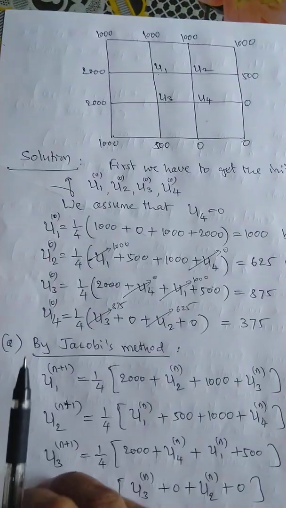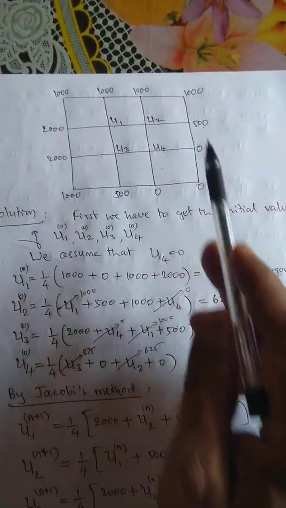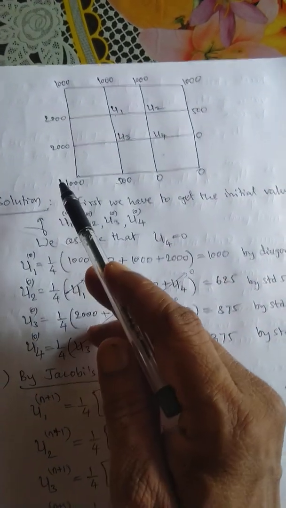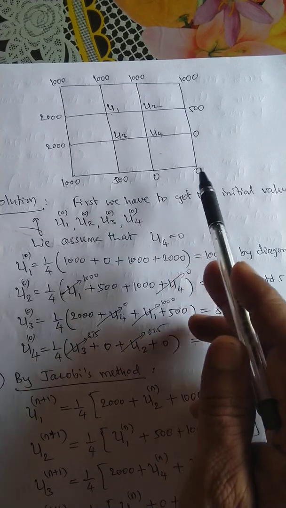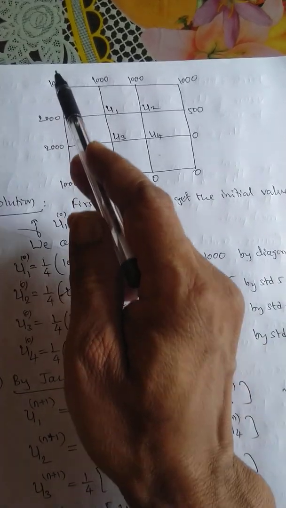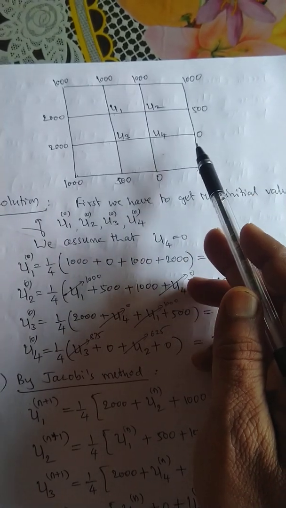diagram is this. The given diagram is this, and its boundary values are 1000, 500, 0, 0, 2000, 2000, 1000, 1000, 1000, 1000, 500, 0.